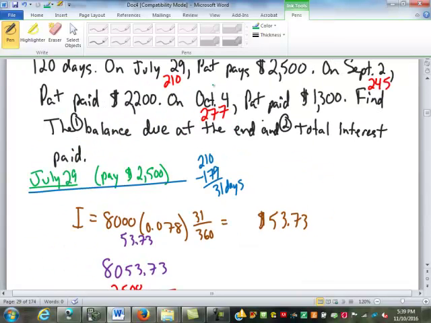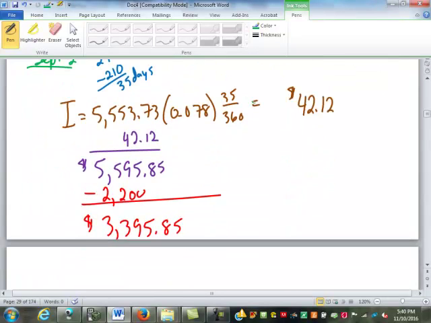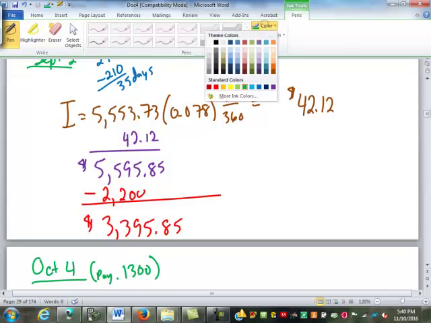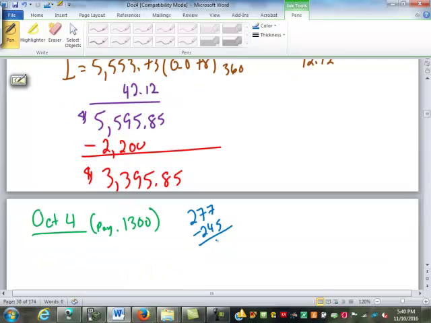The next action is on October 4th, day 277. Pat pays what, $1,300, I believe. So our days, we've got 277 minus 245. We've got 32 days.